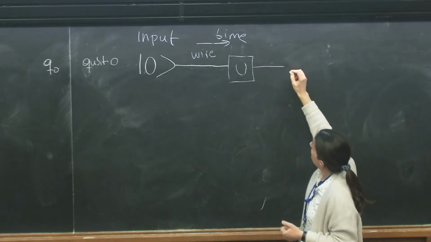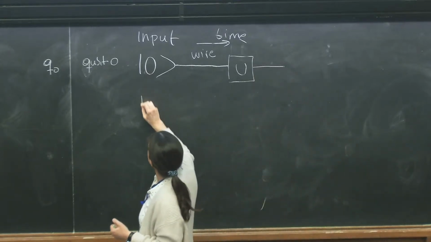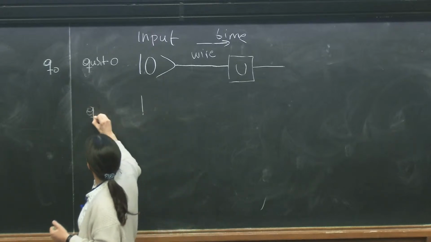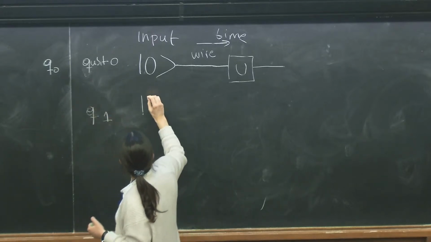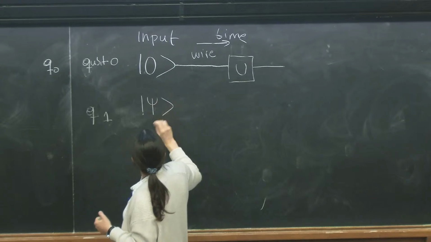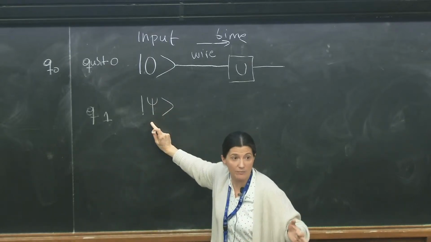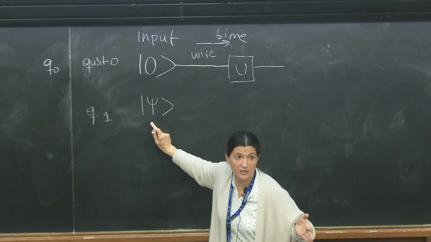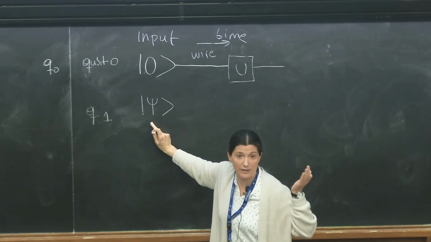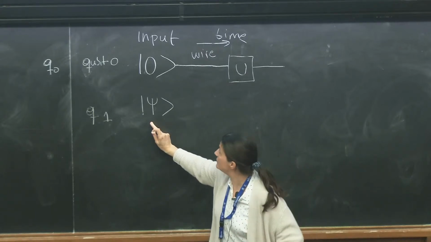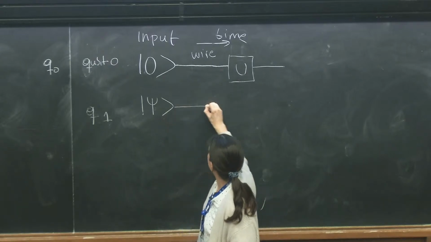And then what we could have, because we have 2 qubits, is maybe your qubit 1 initialized to a random input, right? It could be a random state function. It doesn't have to be clearly in the up, the 0 position, or down position. It could be any. Again, you have a wire.